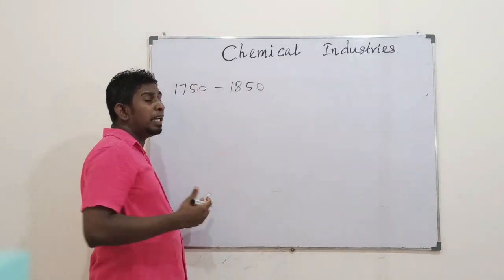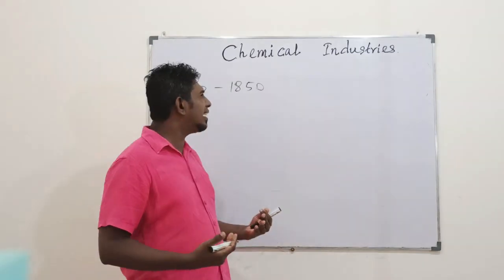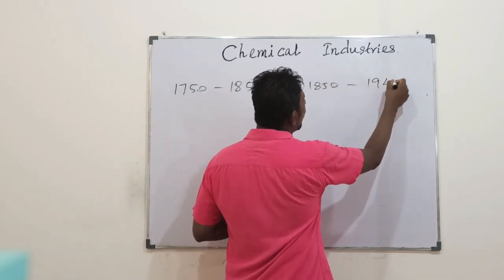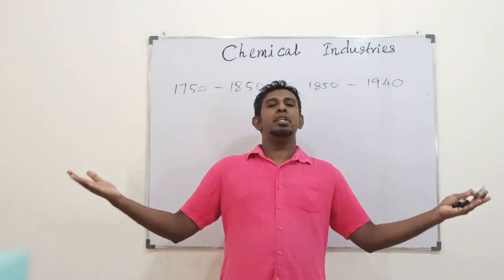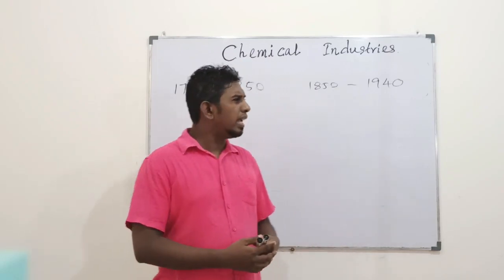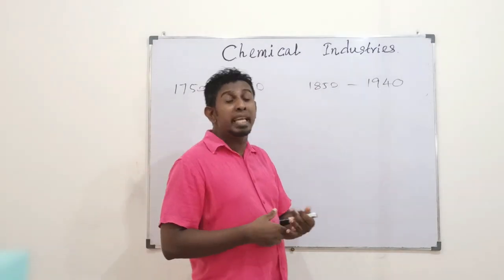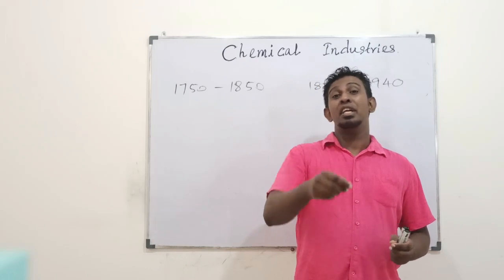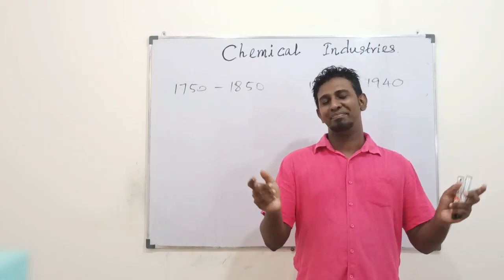The beginning of the chemical industry could be seen from 1750 to 1850, and the second era is 1850 to 1940, the expansion and maturing. So I will first talk about the beginning of the Industrial Revolution.